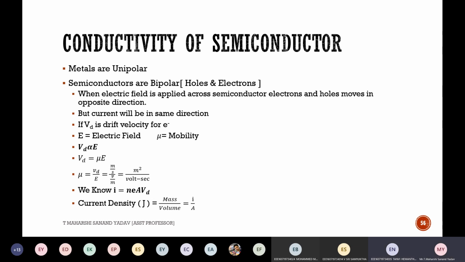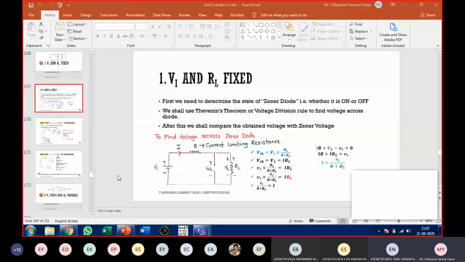So are you able to see my screen now? No, sir. One second, I'll try to share. Yes, sir. So what you're seeing on the screen, it's Vi and RL fixed, right?